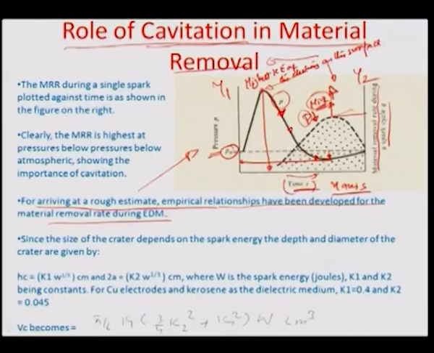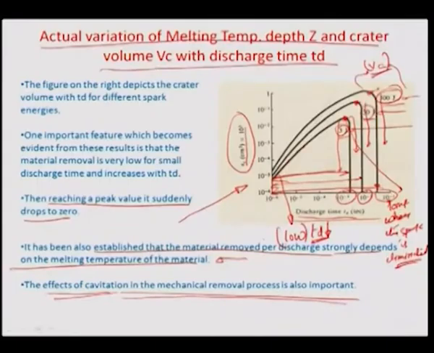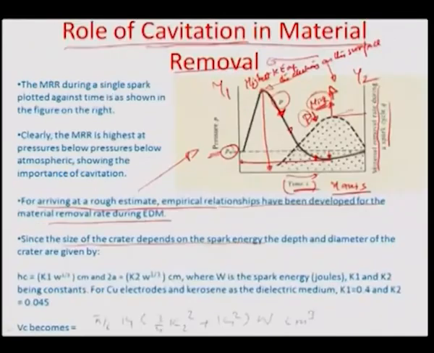One is that the size of the crater depends on the spark energy, as you can see in this graph, that as the spark energy increases, the crater volume VC also increases. More energy delivered means more melting, and the size of the crater depends on the depth as well as the diameter.